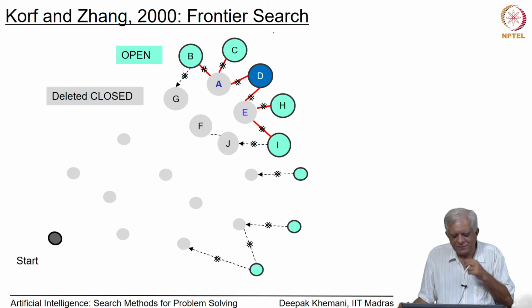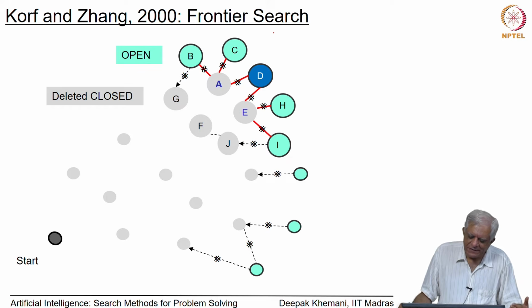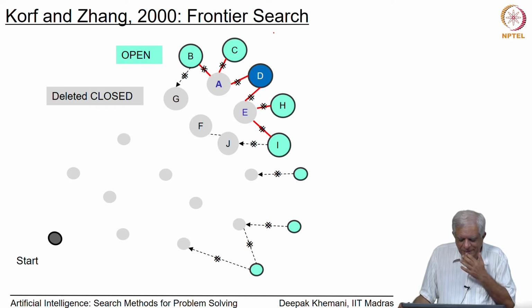So, you can imagine that if the open list is of size k, and if in general the branching factor is, let us say, b, then something of the order of b times k extra nodes would be stored along with open. So, with C, for example, A would be stored, with D in this example A and E would be stored, and so on essentially.